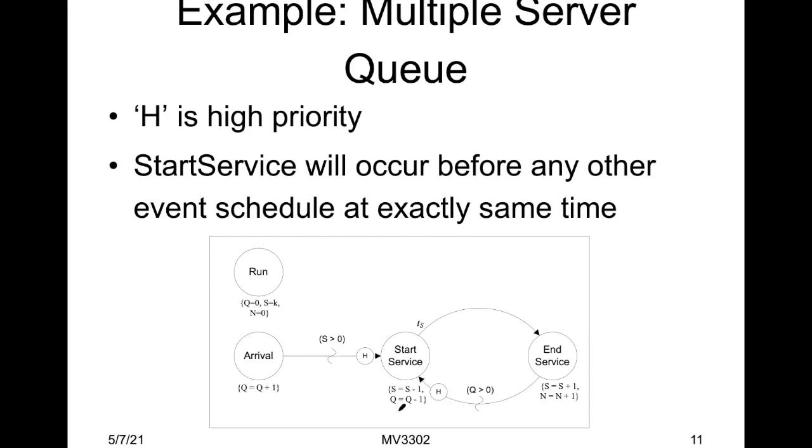So if I have a pile of events on the event list, the one with the smallest scheduled time is the one that's going to happen next. What this says is that if for some reason I have an arrival event that's scheduled at exactly the same time as the start service event, then the start service event should happen first.